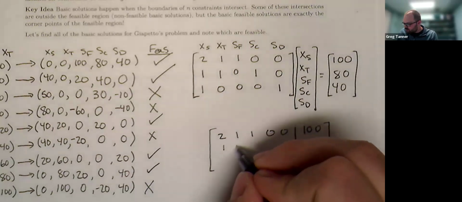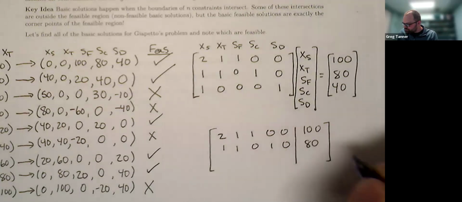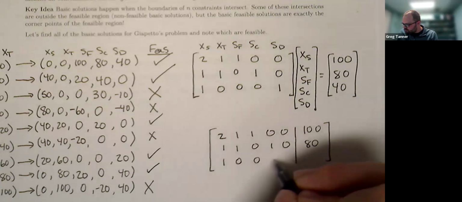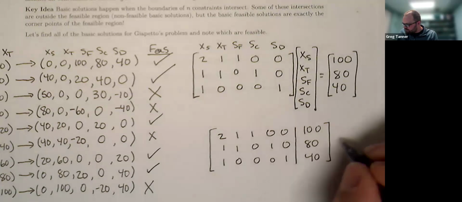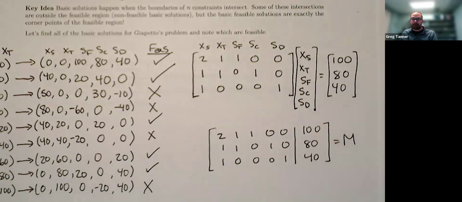So 2, 1, 1, 0, 0, and then 1, 1, 0, 1, 0, and 80, and 1, 0, 0, 0, 1, and 40. That's going to be our matrix, which for today we'll call M.